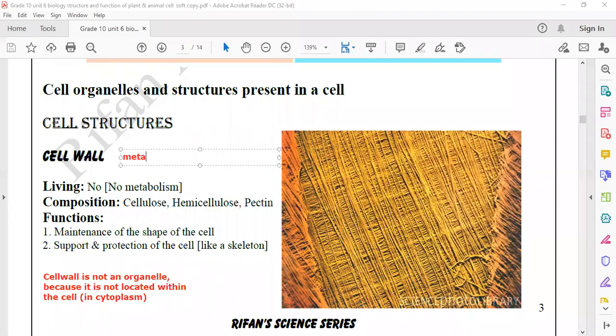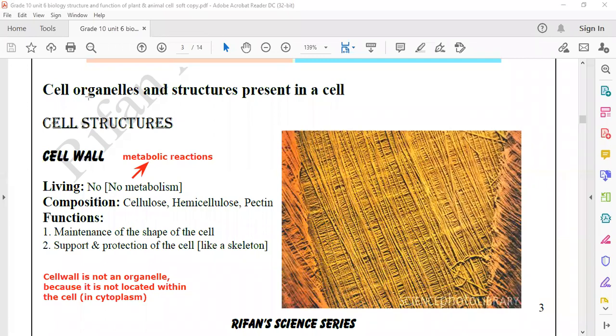My children, in a cell there will be many chemical reactions taking place. Those chemical reactions are called metabolic reactions. So no metabolic reactions are taking place. That's why it is called dead.